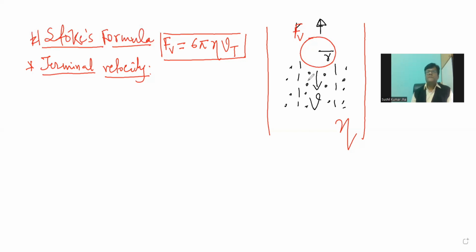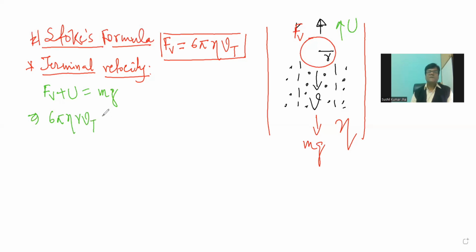Now, in the equilibrium state, the weight of the object acts vertically down, the viscous force vertically upward, and as per Archimedes' principle, the buoyant force, or upthrust, also acts vertically upward. So we can write Fv plus U equals mg, where Fv is 6 pi eta r vt.